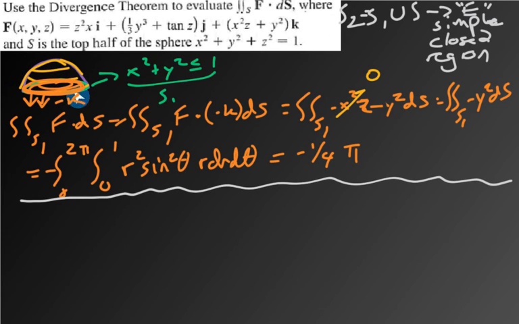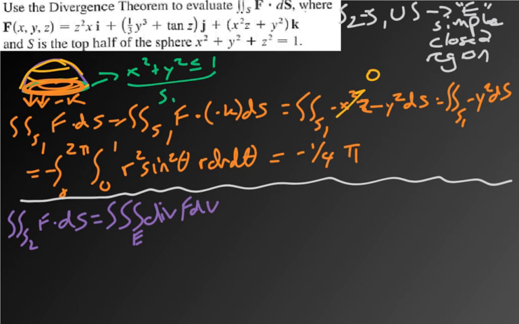So that whole thing is S2, and that is where I'm going to be able to do the divergence theorem. If I set all that up, the double integral over S2 of F dot dS is, by the divergence theorem, the triple integral over E of the divergence of F dV.